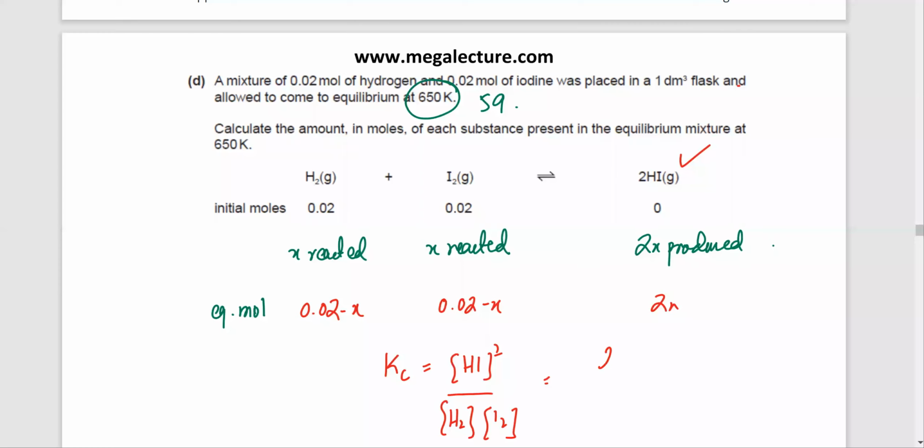So it's going to be 2x squared divided by 0.02 minus x into 0.02 minus x. I mean, these are the reactants. So that's going to be squared as well, and the value is 59. So again, be careful with the calculation. You have to solve this.